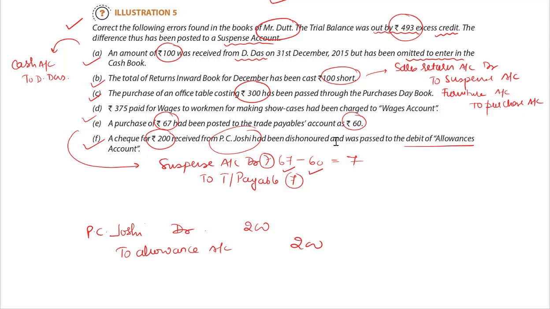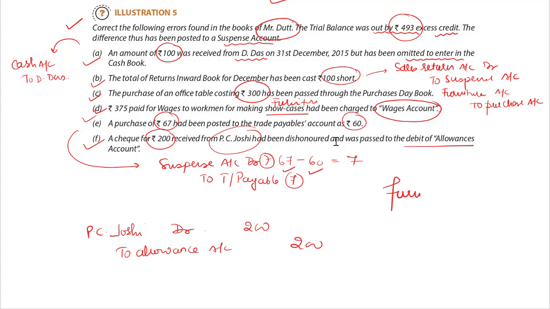Let's complete point number D now. I think we have missed it. 375 paid for wages for workmen for making showcases, now being charged to wages account. So basically, showcases means furniture.